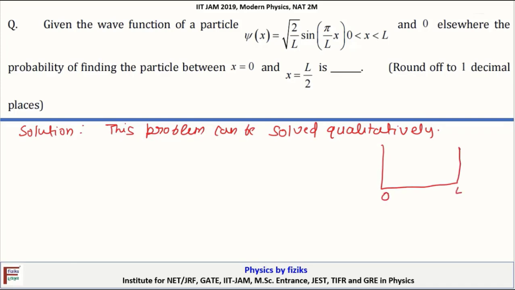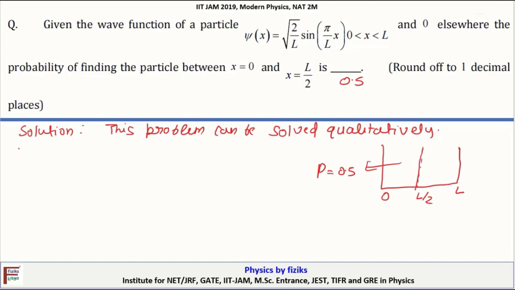That is a box of length L. The probability of finding the particle in the complete box is 1. So if we have to find it in half of the region, then probability would be half, that is 0.5. So our answer would be 0.5.